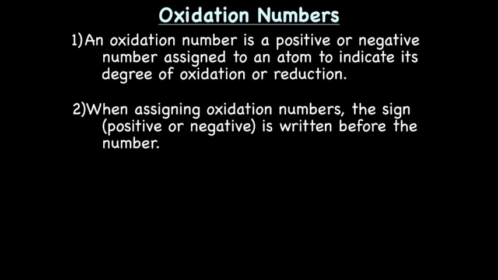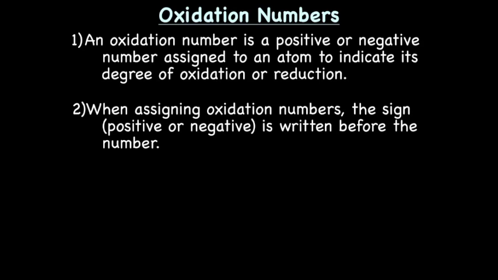All right, next up is oxidation numbers. We need to understand oxidation numbers so that in future we can go into more detail on redox reactions. An oxidation number is a positive or negative number assigned to an atom to indicate its degree of oxidation or reduction. When assigning oxidation numbers, the sign, meaning the positive or negative, is written before the number.